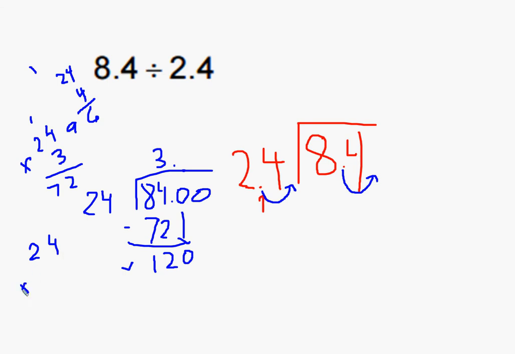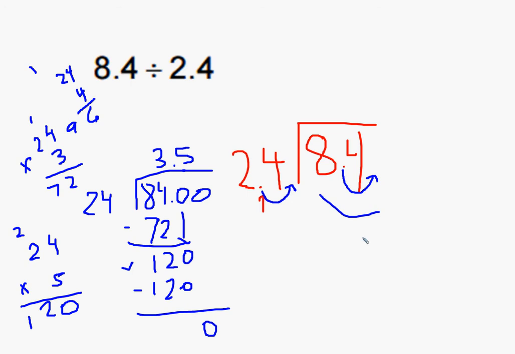So 24 times 5 is going to be exactly 120. So that's what I put up here, 5. 5 times 24 is 120, and I get 0 as my remainder. And so 2.4 goes into 8.4 exactly 3.5 times. So that's how we do that.